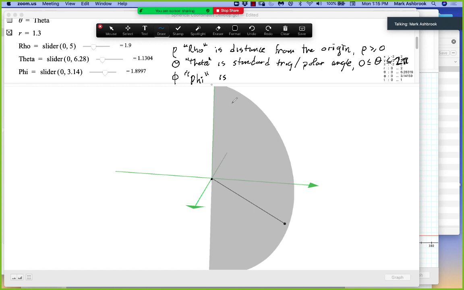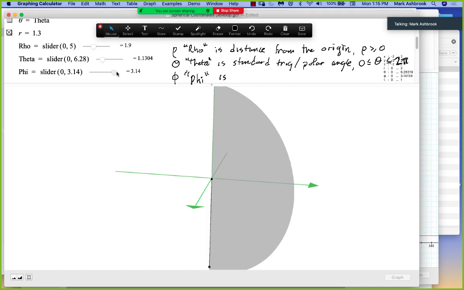Because what would happen? If you kept going, if phi kept increasing past pi, it would really be an angle less than pi for a different theta. Do you see that? It would be like over here now. But that would be for a different theta, an angle less than pi on the way down this way. And so that's the way we want to think of it, only up to pi.